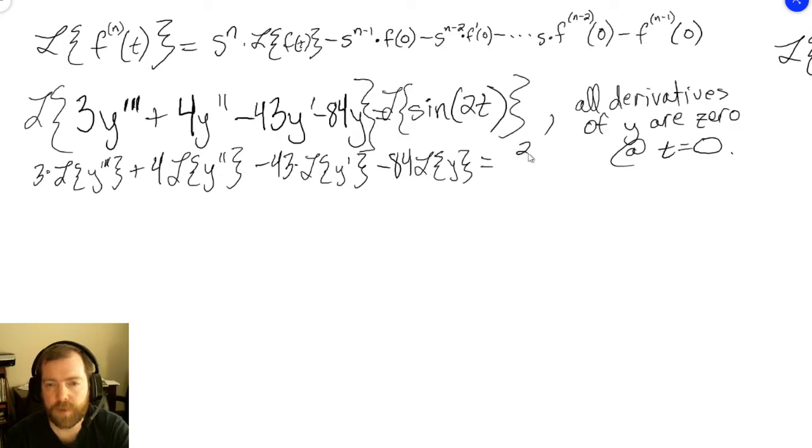So the Laplace transform of the sine of 2t is 2 divided by s squared plus 2 squared, which is 4. All of these end up becoming 3 times the Laplace transform of y triple prime.